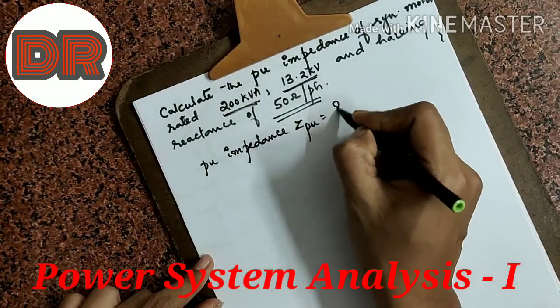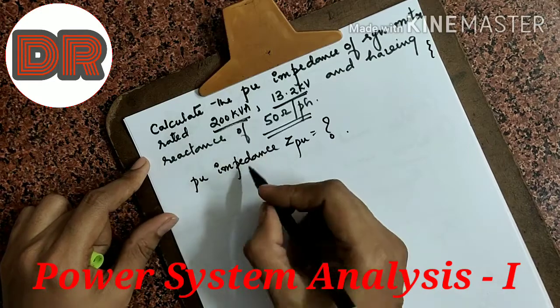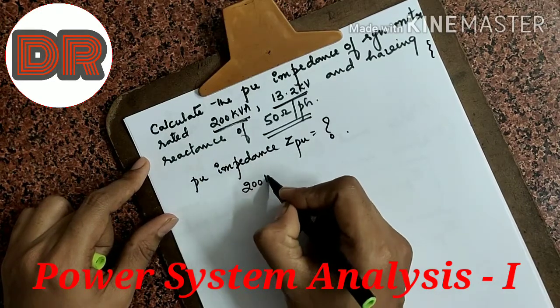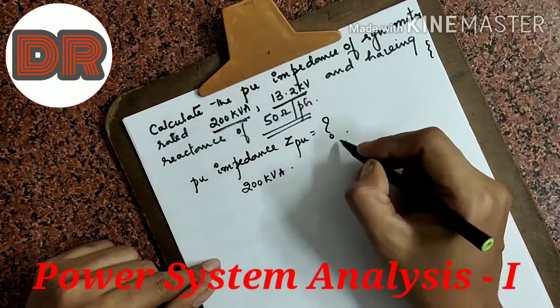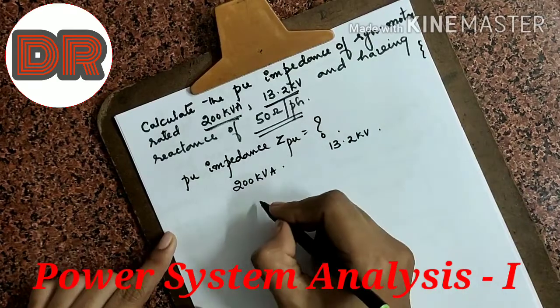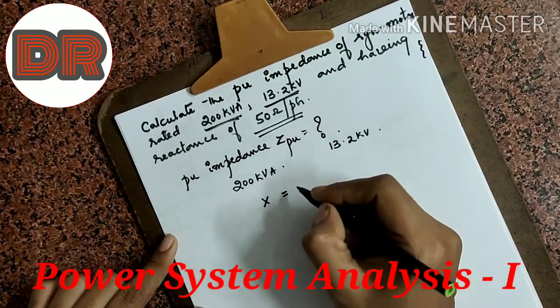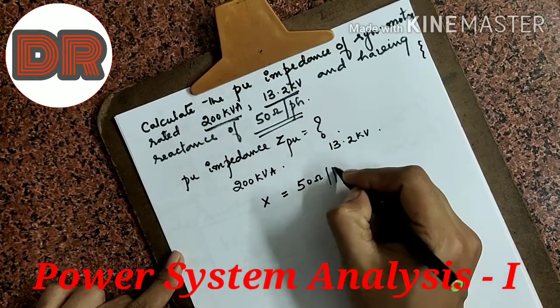The motor is rated 200 kVA and 13.2 kV, and the reactance value is given. So X in ohm is given, 50 ohm per phase.